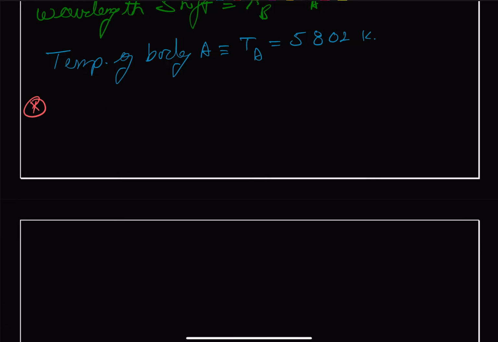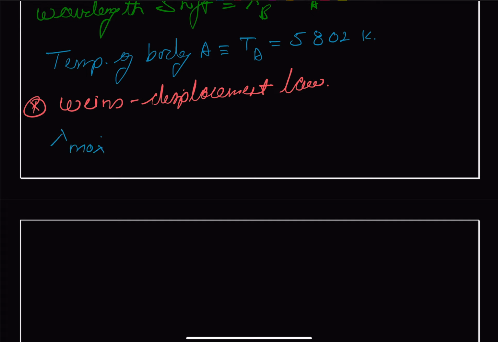So Wien's displacement law says that lambda max times T is equal to b, and here b is approximately equal to 2898 micrometer Kelvin.